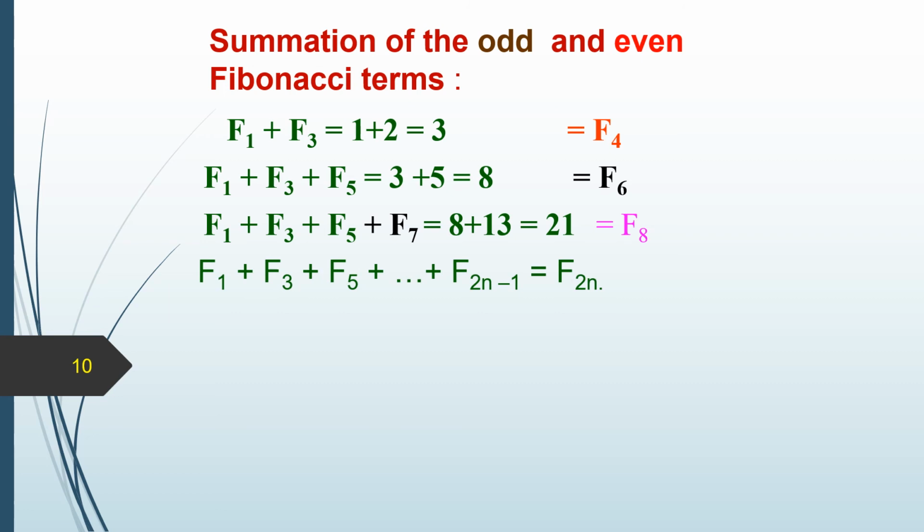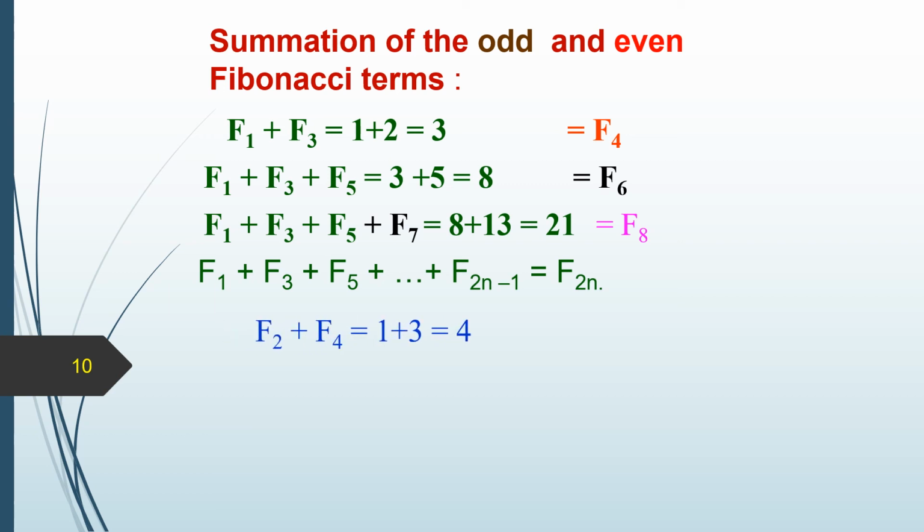So if you see, 1 plus 3, 4; 1 plus 5, 6; 1 plus 7, 8; the first term and the last term, f1 plus f2n minus 1, because it's odd Fibonacci terms, the result will be f2n.